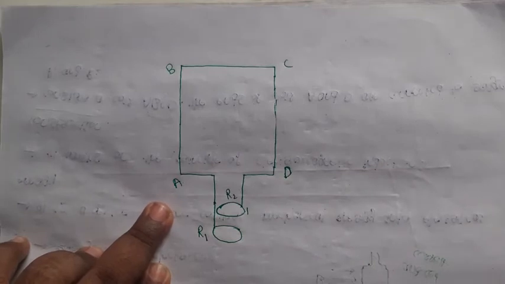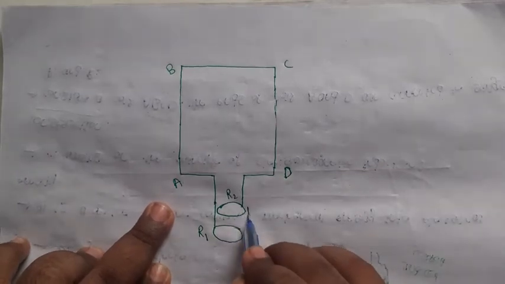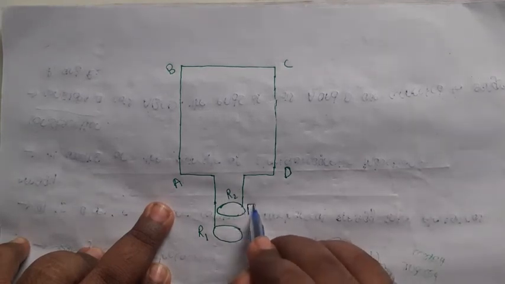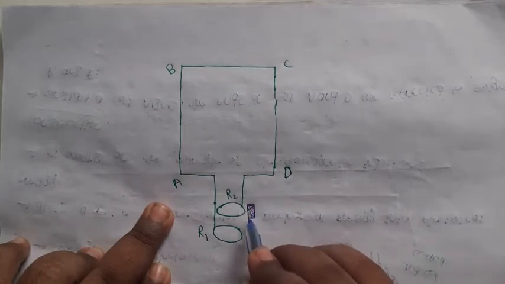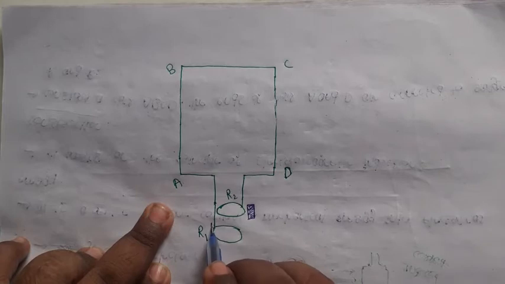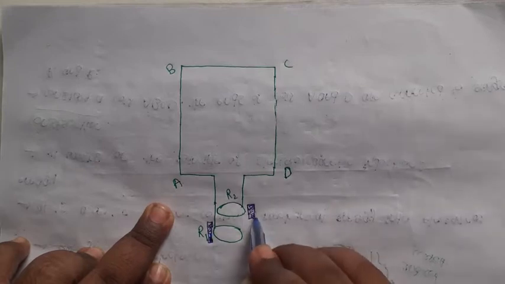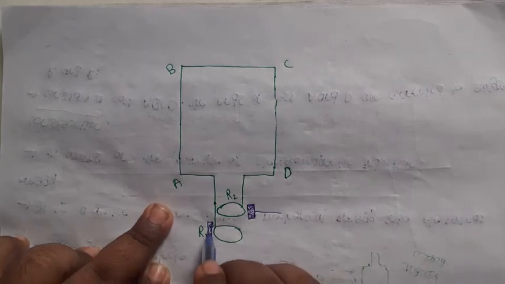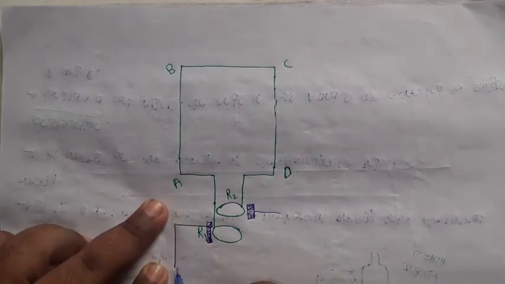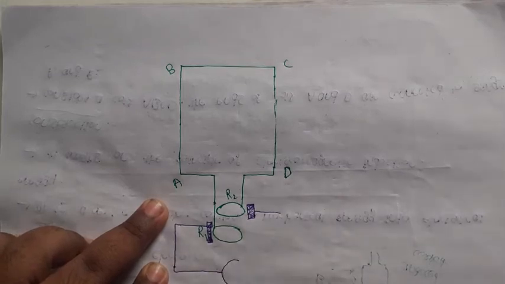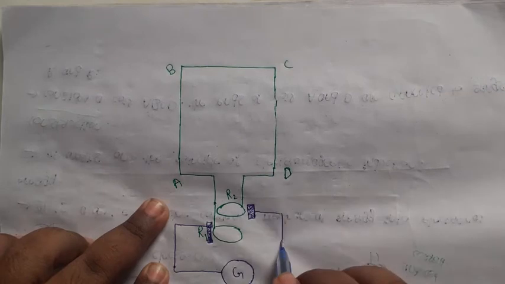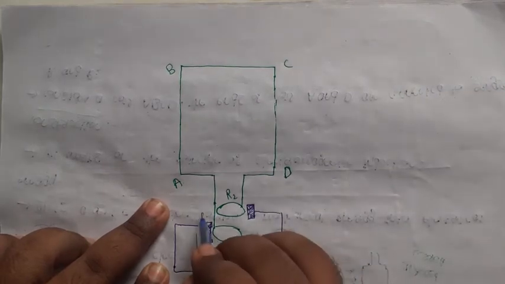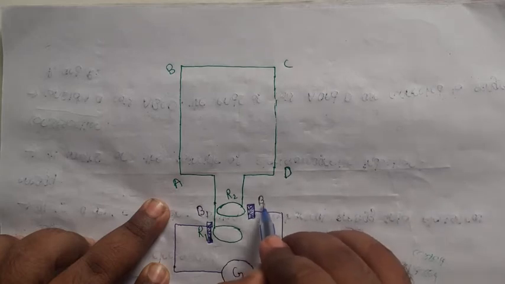After that, the two rings are connected to brushes. This is brush B1, this is brush B2. These two brushes are connected to the galvanometer. This is the galvanometer.